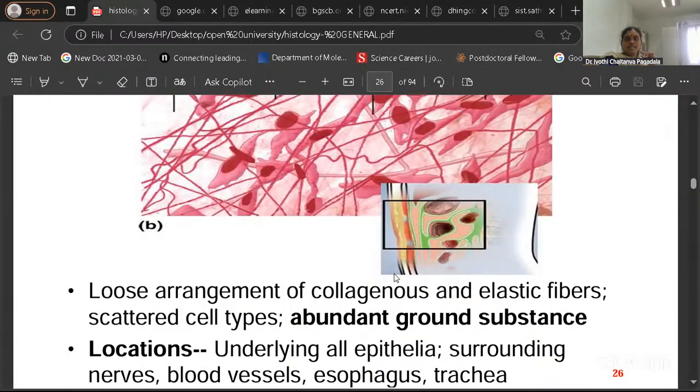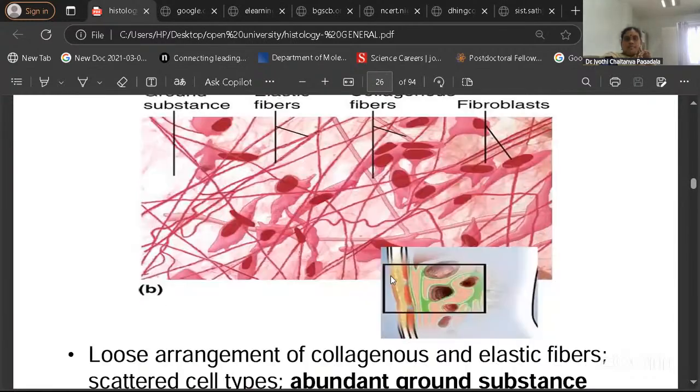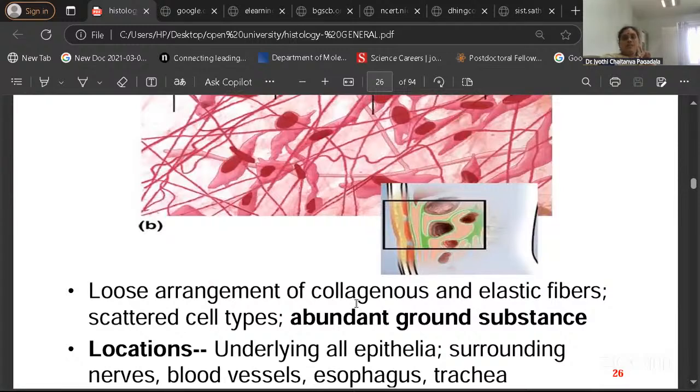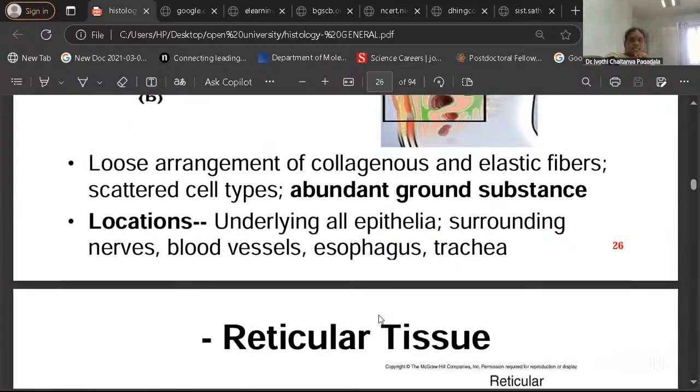It looks like this: the loose arrangement of collagenous fibers, elastic fibers, and fibroblasts scattered, with abundant ground substance. The locations are underlying all epithelia and surrounding nerves and blood vessels, the esophagus and tract.